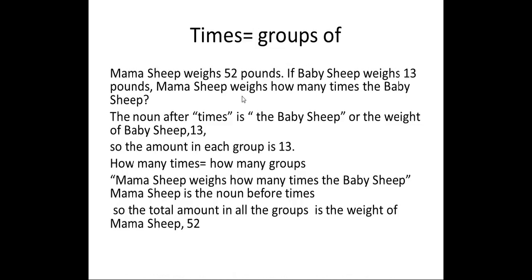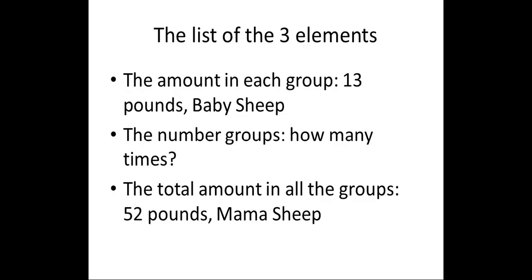Remember we earlier said the noun to the left of times, that's a noun here, or pronoun, okay? In this one, it's a noun. So the noun to the left or in front of the word times is the total amount in all the groups. So the total amount in all the groups is mama sheep's weight. That's 52 pounds. So now let's make a list of the three elements.